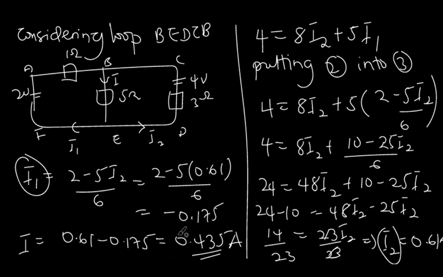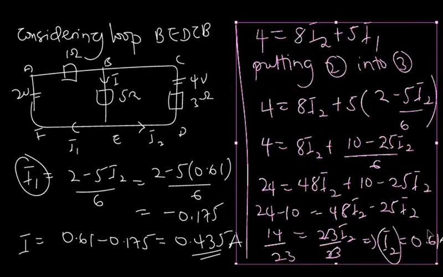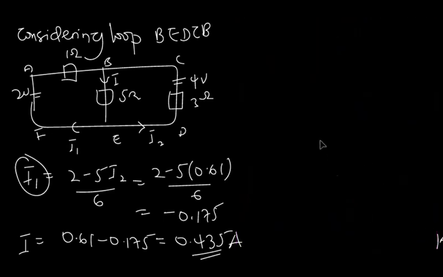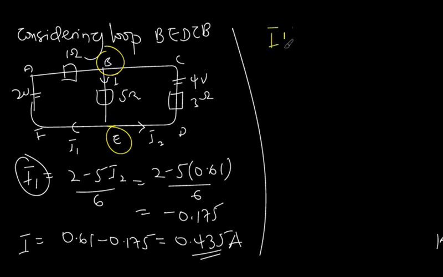Okay, let's include the unit for the current. So it's 0.435 amperes. Now the second aspect of the question is asking us to find the potential difference across BE. Now the potential difference across B and E is just the product of the current, which is I, times R, which is the resistance over here.